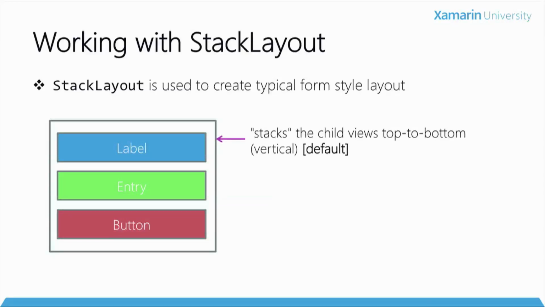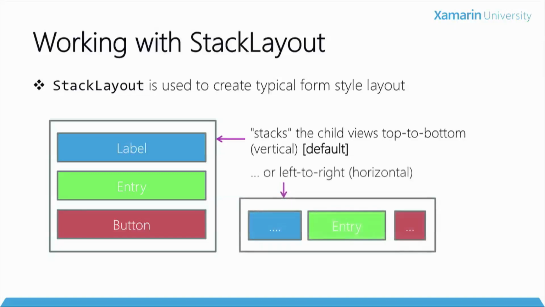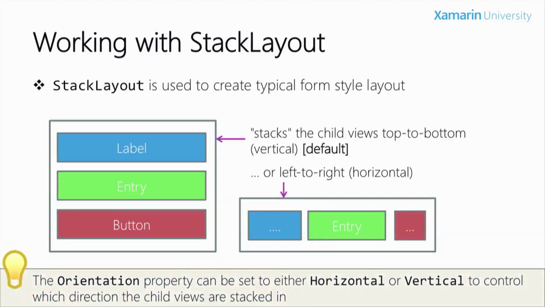So either it stacks the child views top to bottom vertically, which is the default behavior, or left to right, or horizontally. And you can influence that by setting the orientation property. This is an enumeration that contains horizontal and vertical as available values.